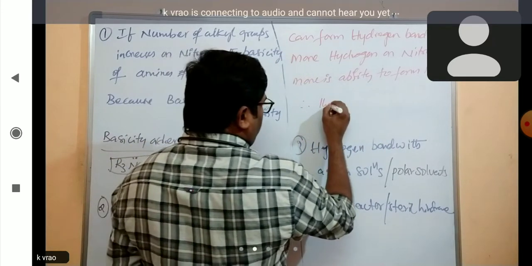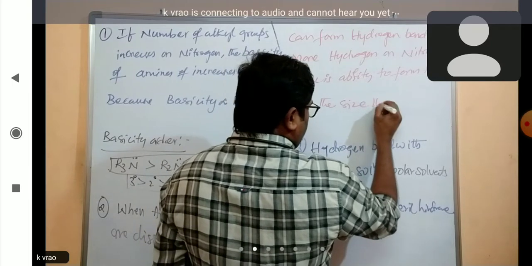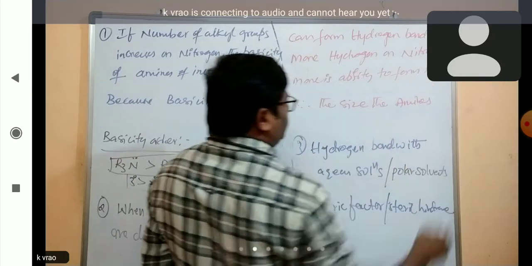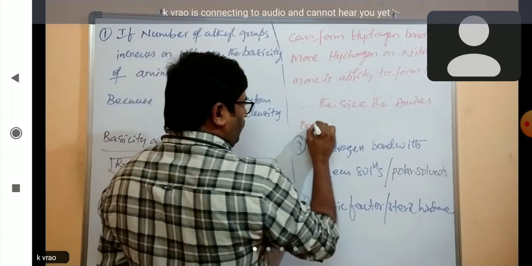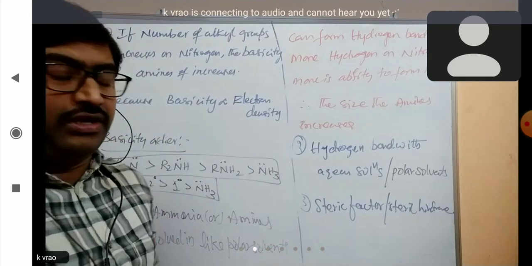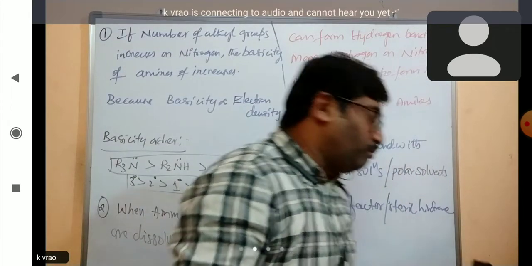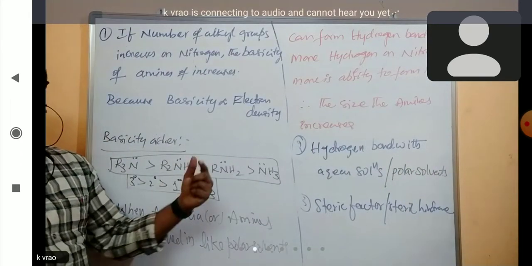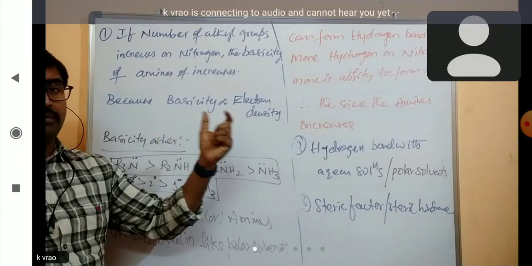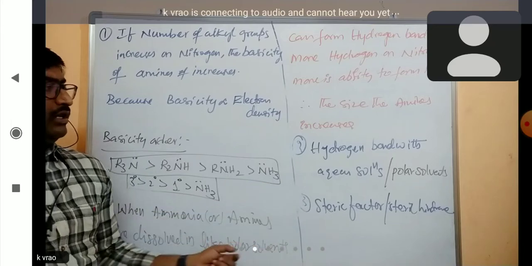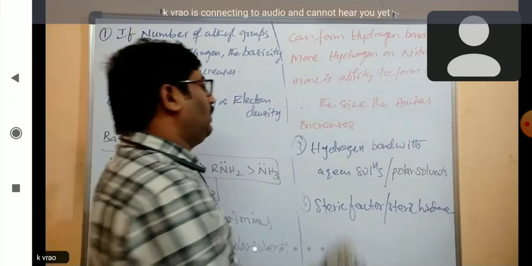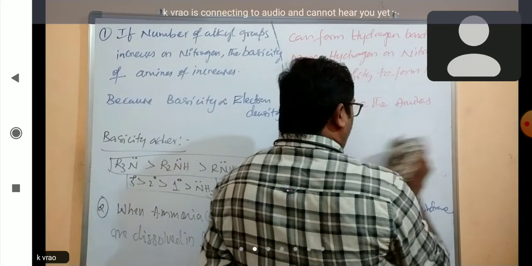Therefore, the size of the amines increases. The number of hydrogens on the nitrogen is more, so it can form a more number of hydrogen bonds. When it forms more hydrogen bonds, it forms a bulky molecule.